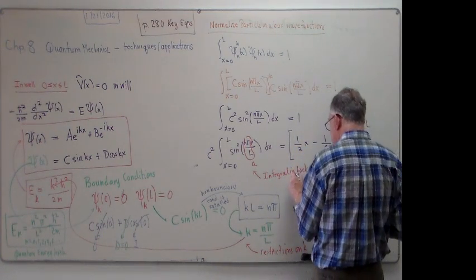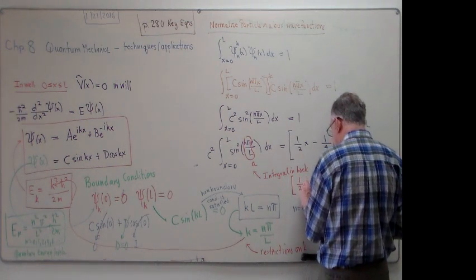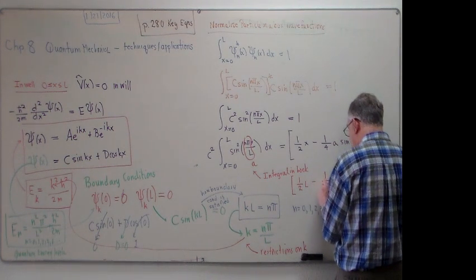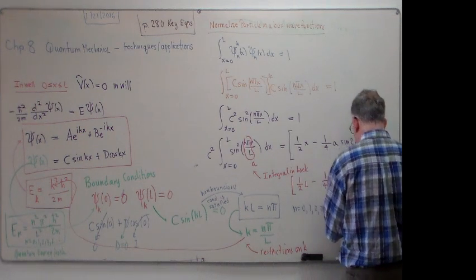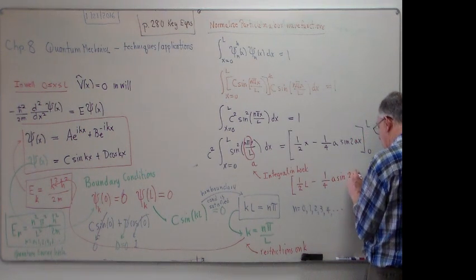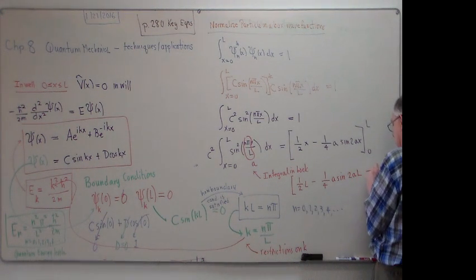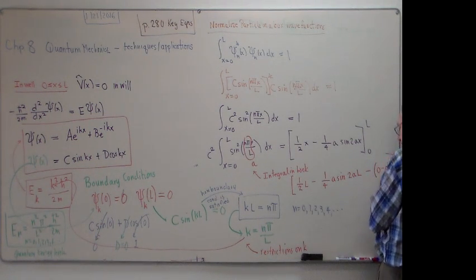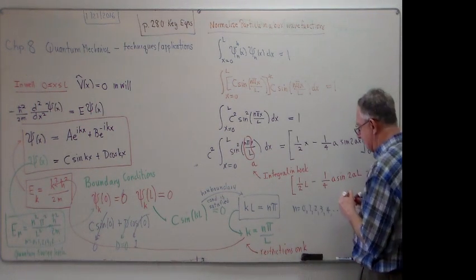So this is 1/2 L minus 1/4a sine 2aL, minus 0 minus 0. So I did the L limit minus the 0 limit.